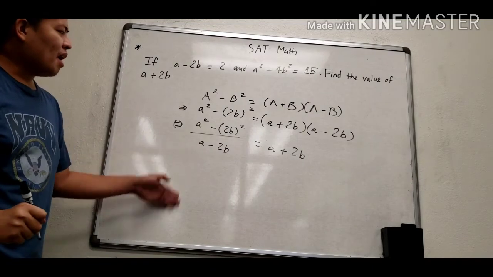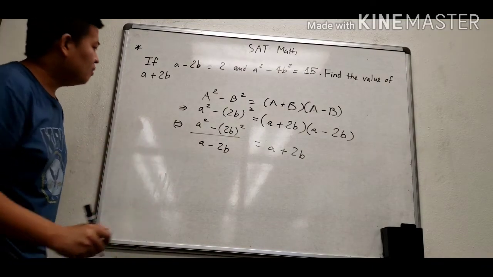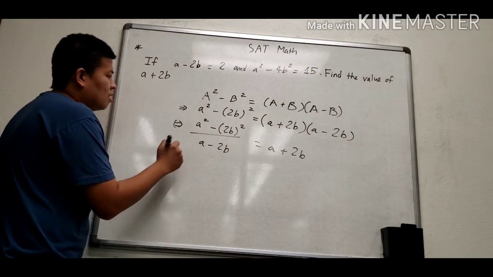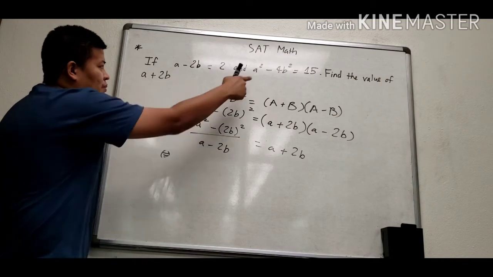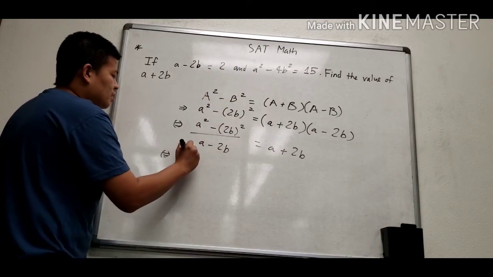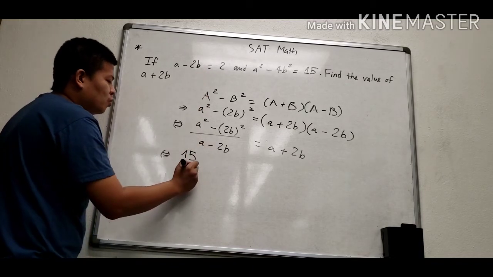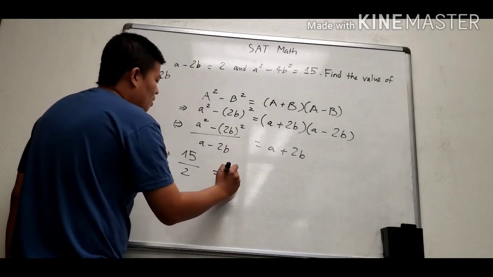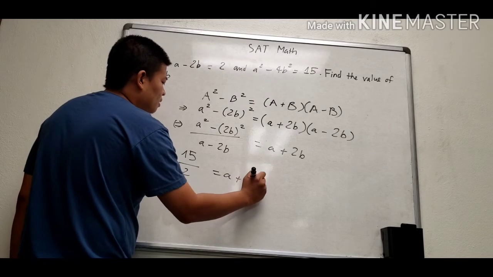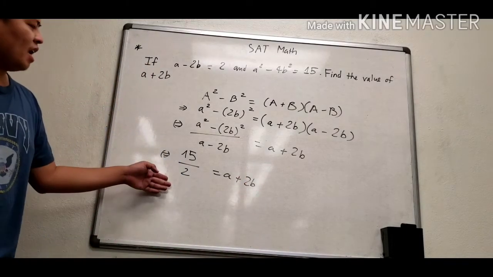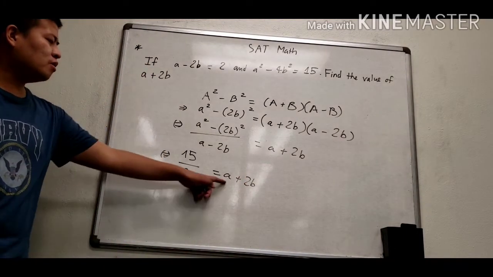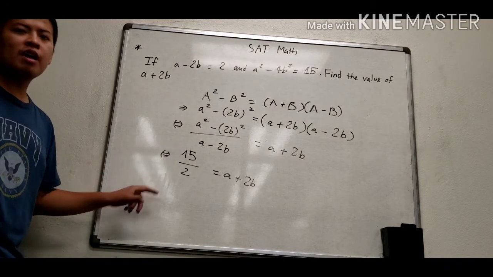So you got the fraction in here. A power 2 minus 4b power 2 is 15. A minus 2b is 2. And we have a plus 2b. So that's it. The answer for a plus 2b is 15 divided by 2.